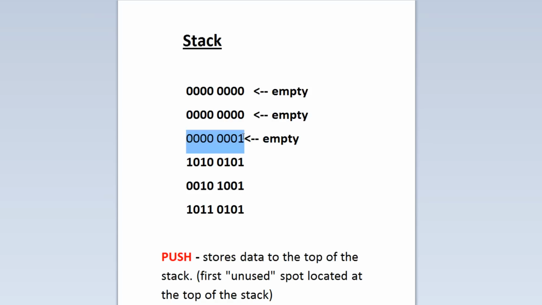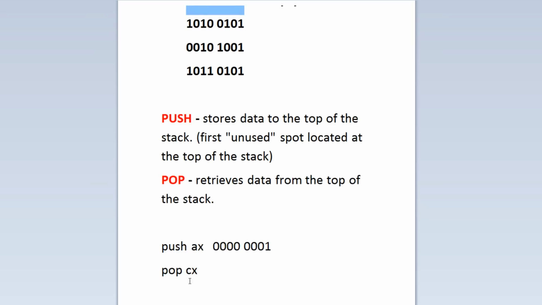So this would be the last push spot. It takes this and it copies it, right? And it'll copy it straight into CX. So that's what pop does. Pop retrieves the data from the top of the stack, basically. So there's no need to specify exact addresses, and it's just really simple to do. If you want to, it can be used as a placeholder.